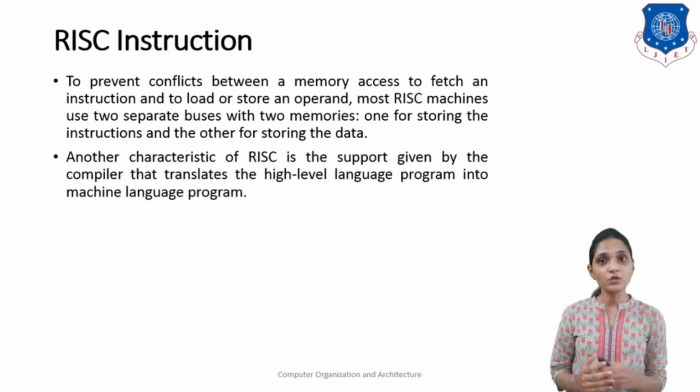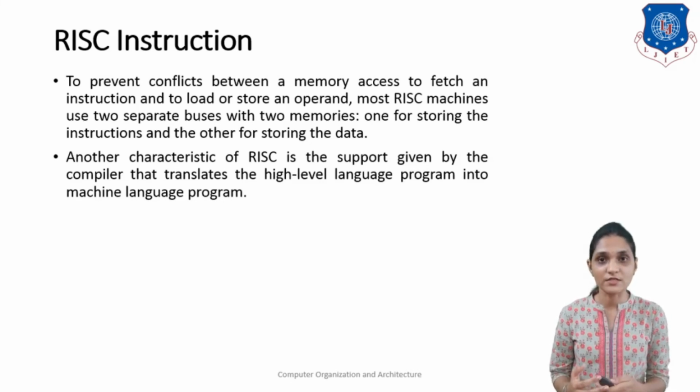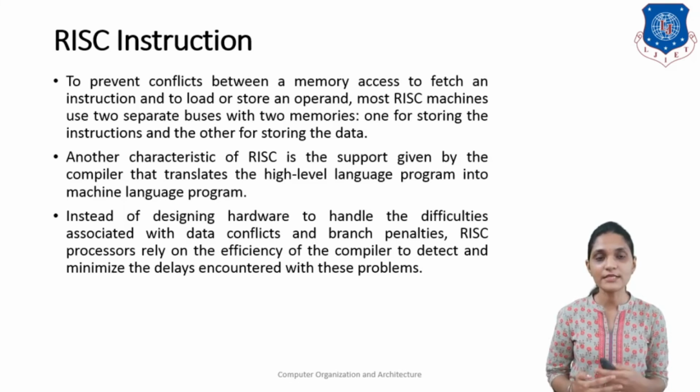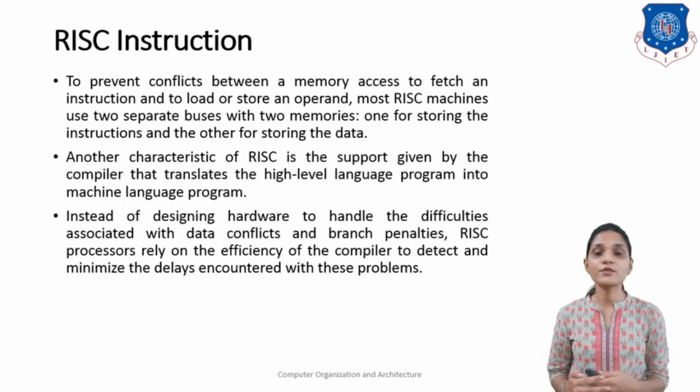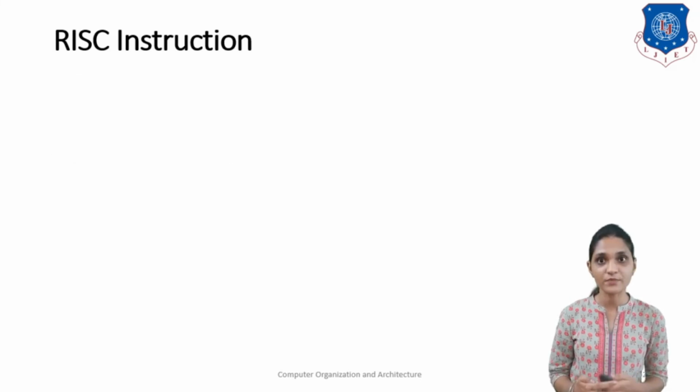That means we can use delayed branch and delayed data types of instructions. Instead of designing hardware to handle the difficulties associated with the data conflicts and branch penalties, the RISC processor relies on the efficiency of the compiler to detect and minimize the delays encountered with those programs.